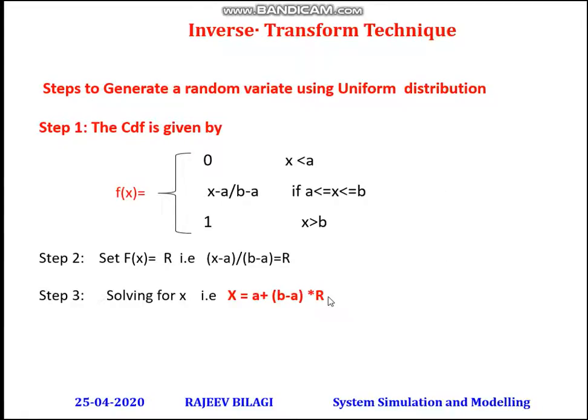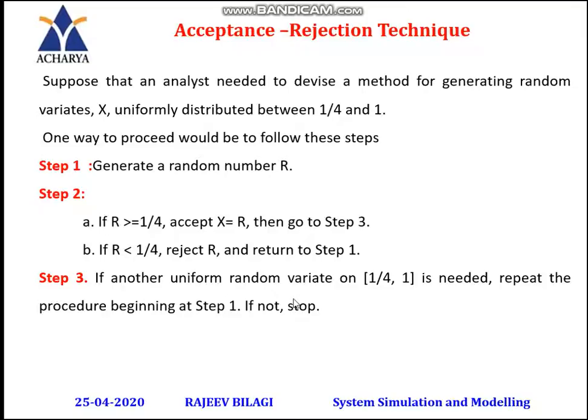Either the Ri will be given or you need to generate them, and a comma b will be given. There is another technique for generating random variates, called the acceptance and rejection technique. Assume that an analyst wants to devise a method for generating random variates x which are uniformly distributed between 1 by 4 and 1. There are very simple steps.